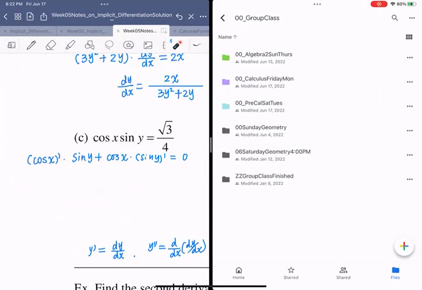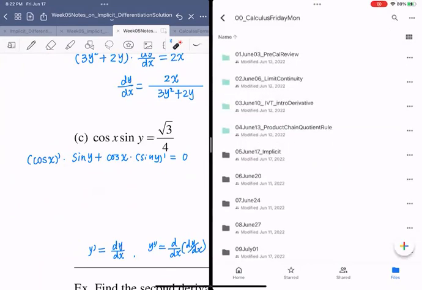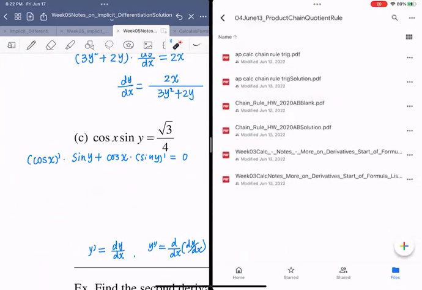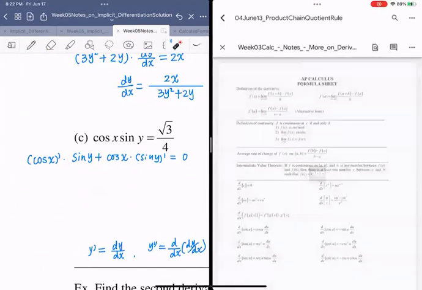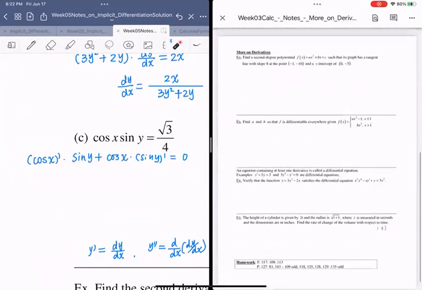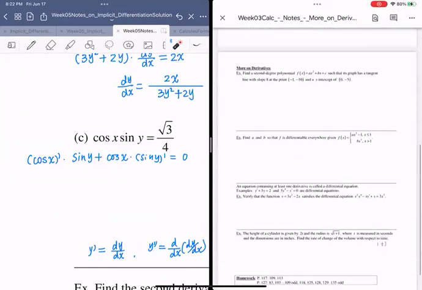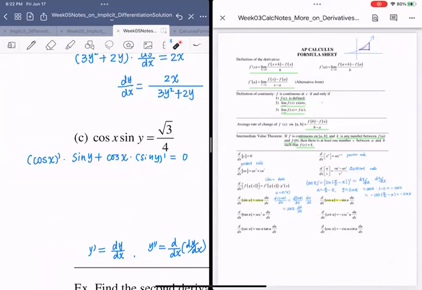So students, when you don't know the answer, you can quickly go through our folders, because all the notes are ordered in an organized way. Every homework and the notes show you all the work.